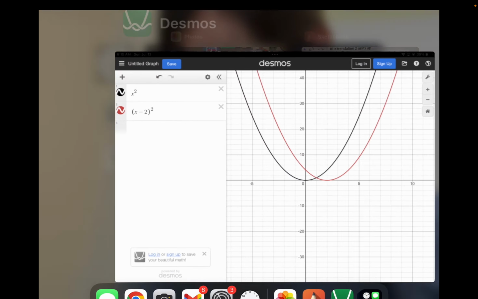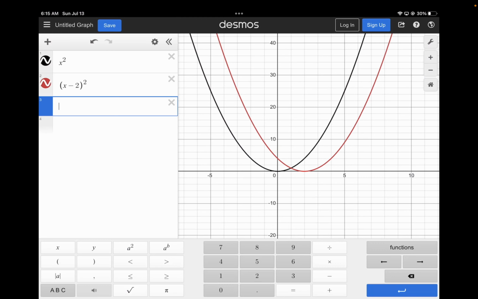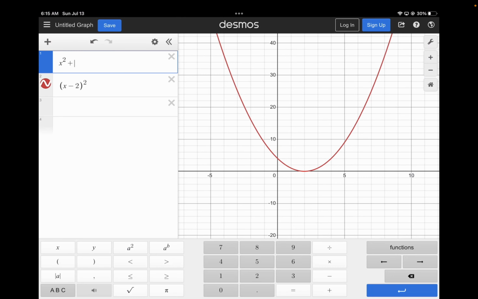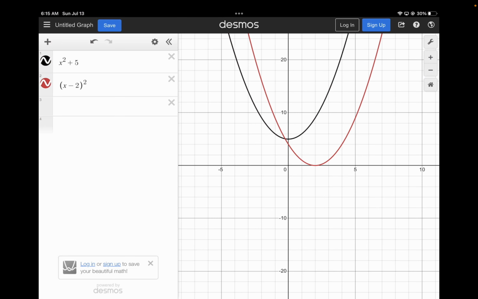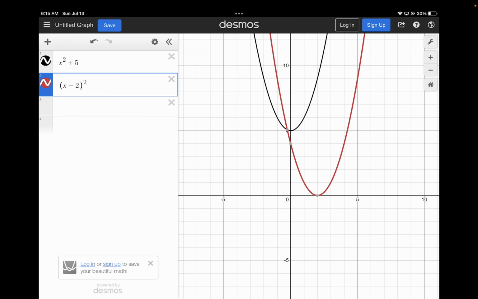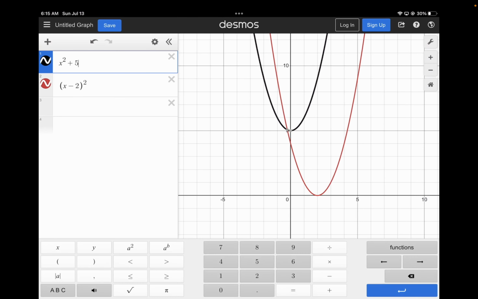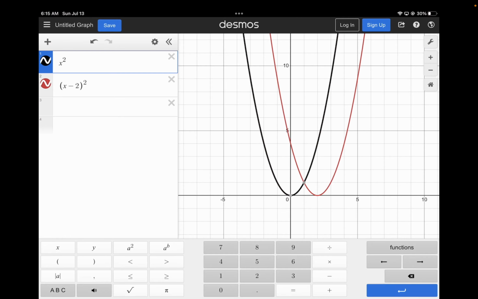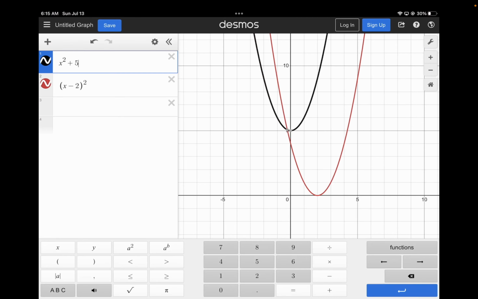So x squared plus 5, we can see it right here. Or I can just move it on here. The original is right there. If I move it plus 5, it goes up 5 units. Let me zoom in actually. Right here, this is 0 and that's at 5. If I take away that one, it's at the origin. If I add 5, it goes up 5.